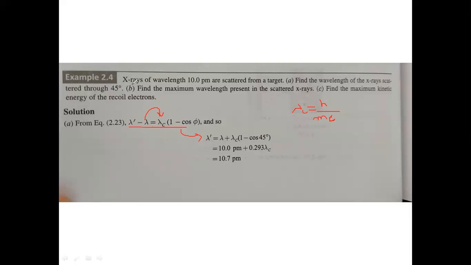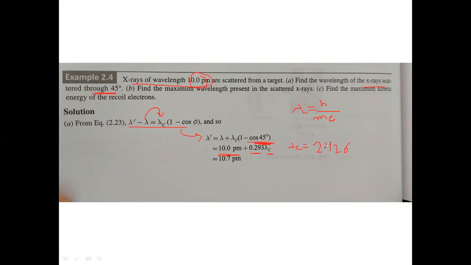It is given that the initial wavelength is 10 picometers. So we put the value here, 10 picometers. The angle of scattering is 45 degrees, hence we use cos 45 degrees. By solving, we get 0.293 into lambda c. We know that the value of lambda c equals 2.426 picometers.